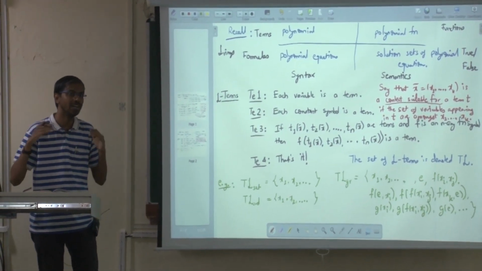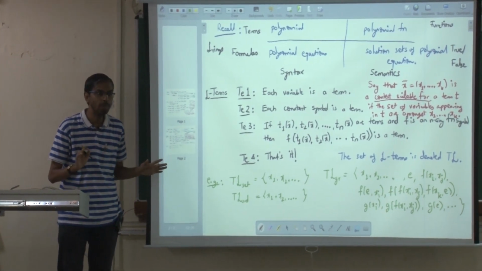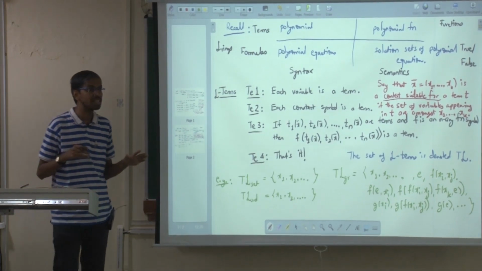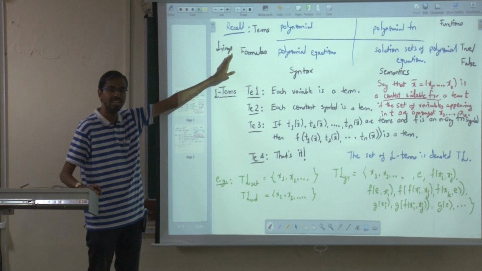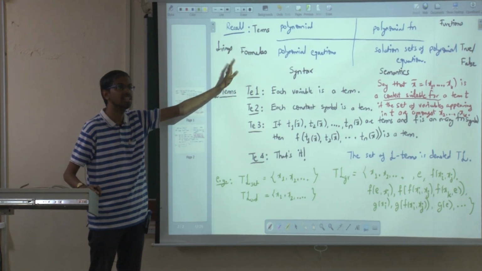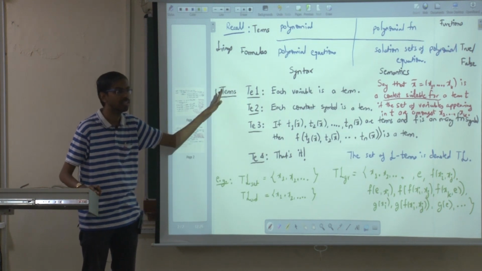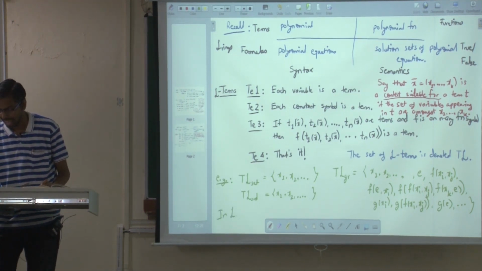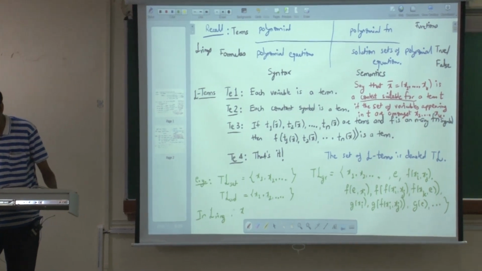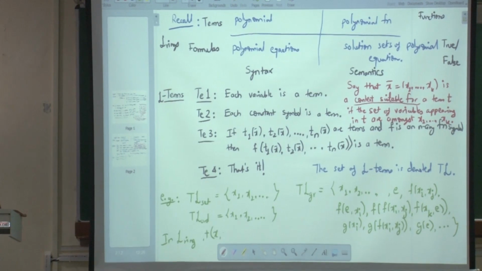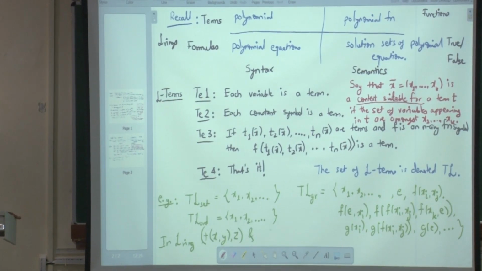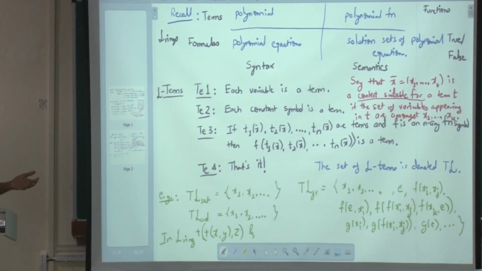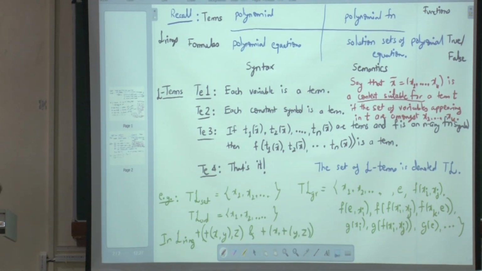So don't use your understanding to simplify terms. Polynomials in the language of rings are written after understanding that addition is associative, commutative, and so on. But if plus is a symbol, then plus of (x, y), z and plus of x, plus of (y, z) are different terms.